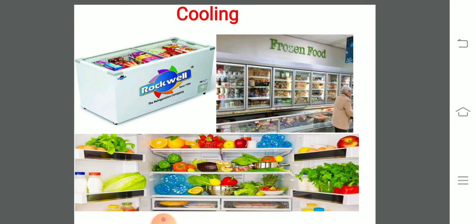Different vegetables are kept in the fridge, then ice creams, milk, and many more products, like Cadbury's, which are placed in the refrigerator or the deep freeze, so that they can be stored for a long time and we can enjoy the food in different seasons.